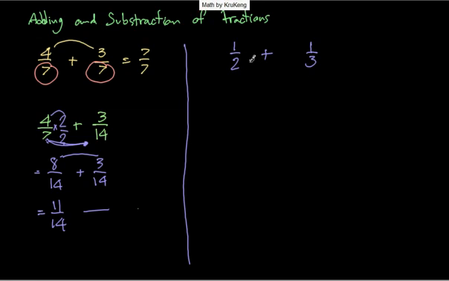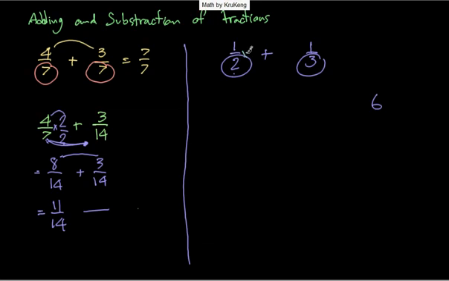We cannot find that number, so we have to find another number. That number has to be the least common multiple. The least common multiple of 2 and 3 is 6. So we have to change these two denominators to be 6.